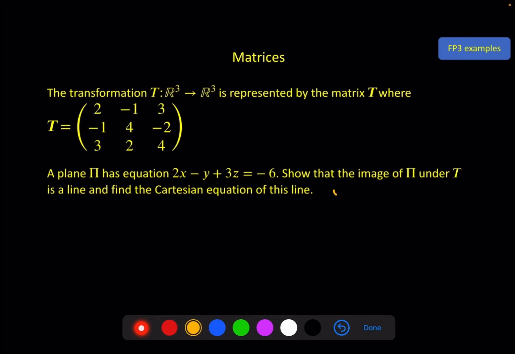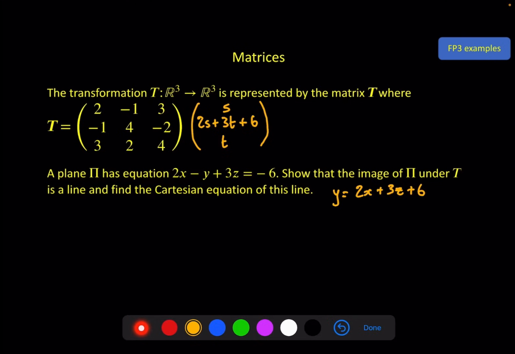So in this case, it's quite easy to make y the subject, so we'll do that. And I can make x parameter s, z parameter t, and then y becomes 2s plus 3t plus 6. So my general point will be this. And that cuts out a lot of the work to get it the other way.